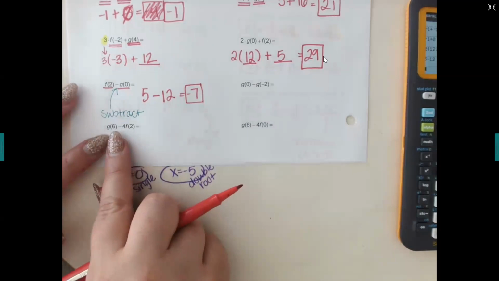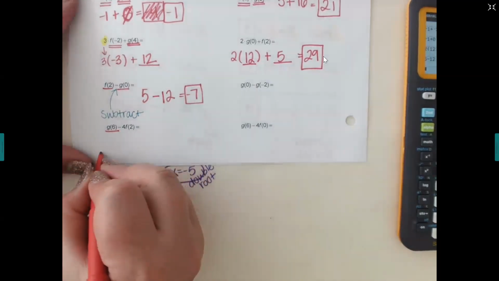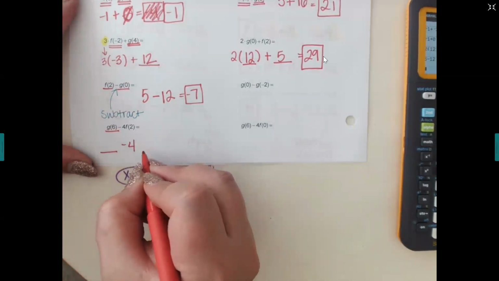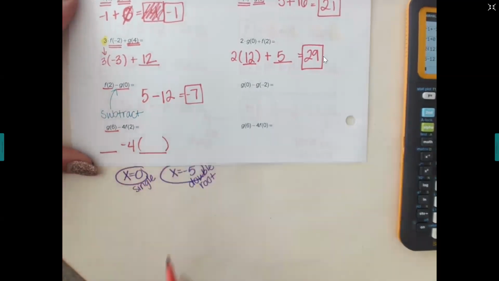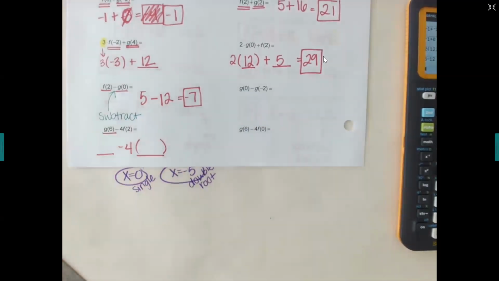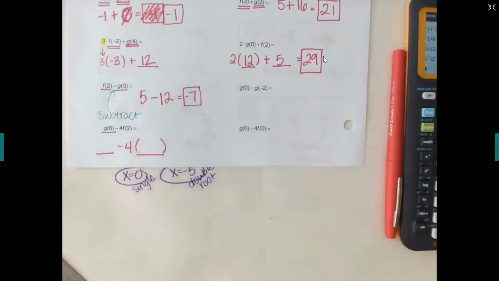All right, let's go down to this one now. I have g of 6, we'll find in a second, minus 4. And because the 4 is in front, I'm going to use parentheses this time. But you only need parentheses if there's a number in the front. Then to find your g of 6, are you using the first graph or the second graph?